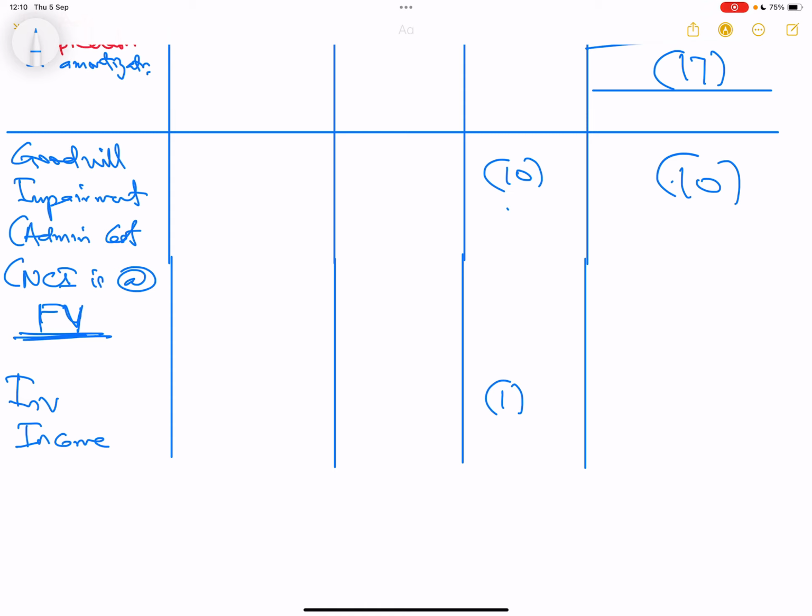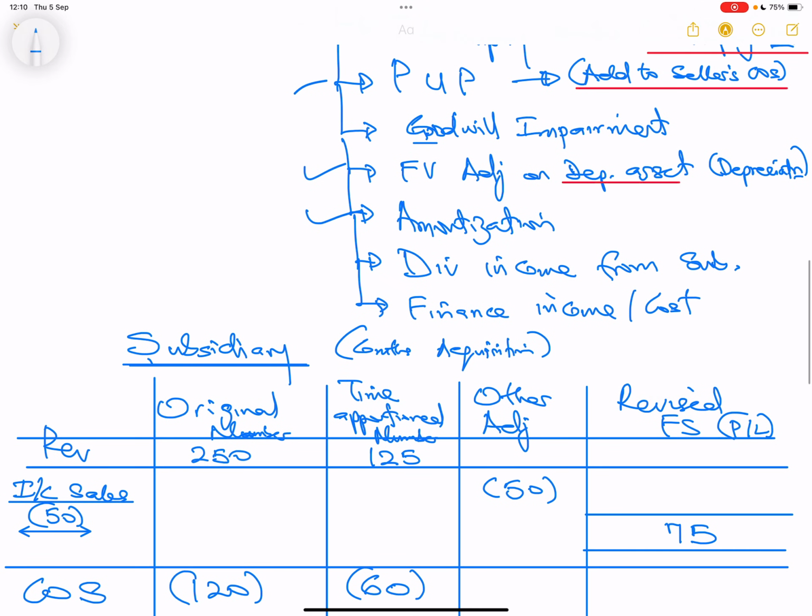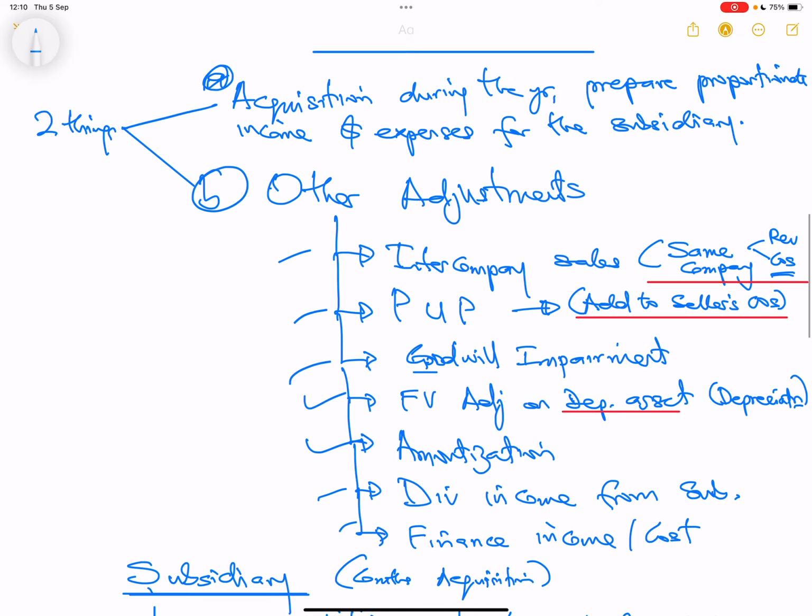And if it's in the parent financial statement, if the parent has received dividend from the subsidiary, then likewise we're going to be taking this off, because you cannot receive dividend from yourself. Remember, group financial statement is an entity concept, which means it's a single entity, right? So please take note of that, and I think that explains most of this adjustment.